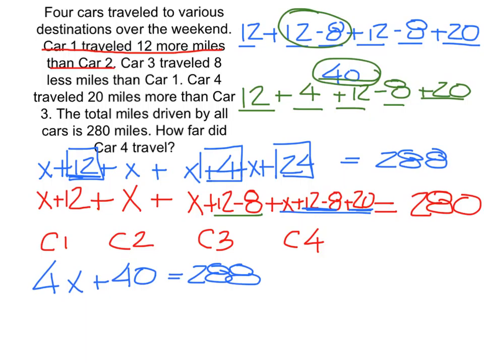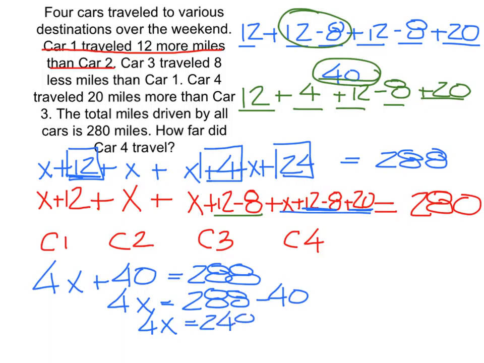What do I need to do to solve this equation down at the bottom? We have to subtract 40 from the right side. When we do that, we come up with 248.